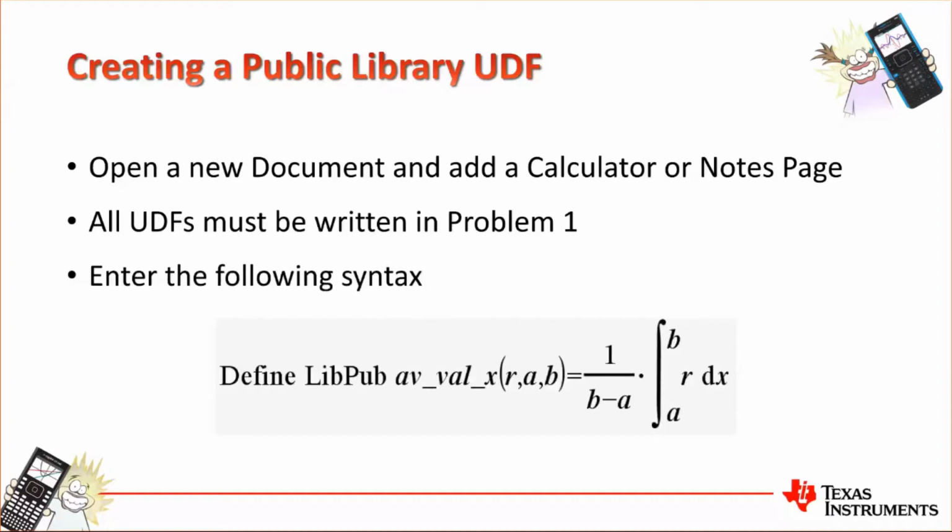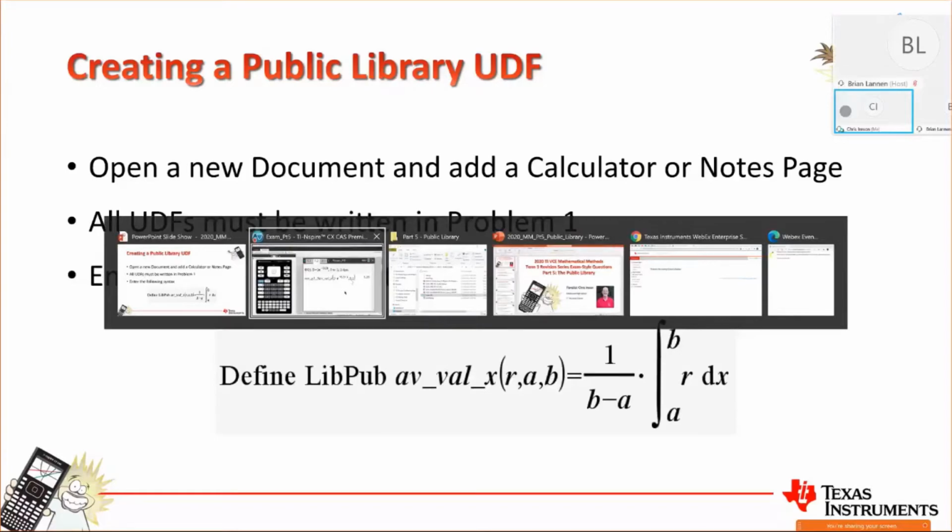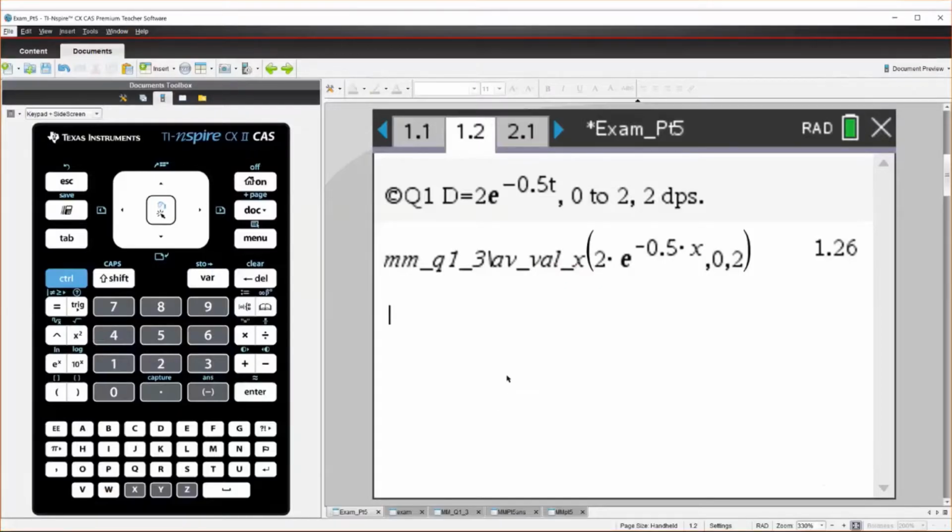So there's our syntax. Let's take a memory of that one. Have a quick look at it. We'll go back to our calculator. So how is it that I could do that? The first thing, we'll do it in this file here, in our exam part 5 file.